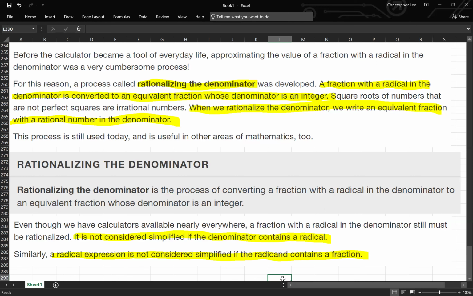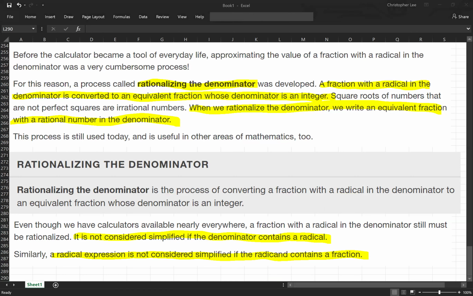It is not considered simplified if the denominator contains a radical. So similarly, a radical expression is not considered simplified if the radicand contains a fraction. Okay. So long story short, what's the rule? No radicals in the denominator.